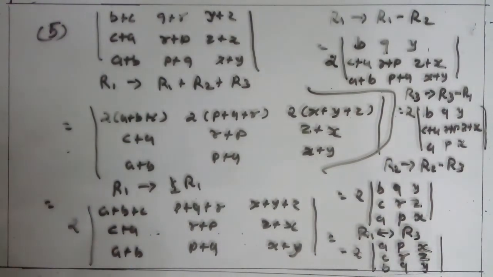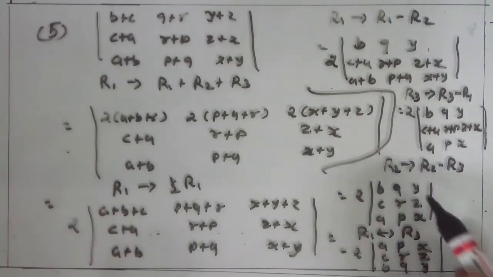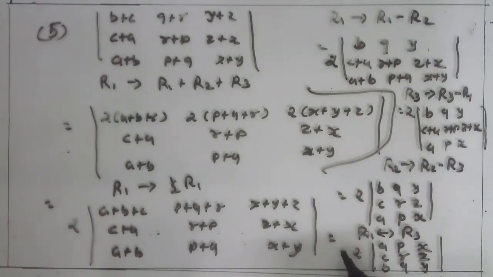We know that if we interchange any two rows, then the value of our determinant becomes the additive inverse, or the sign changes. Clear? So this becomes a minus. Remember this minus. Clear?